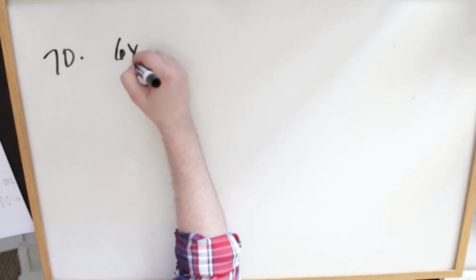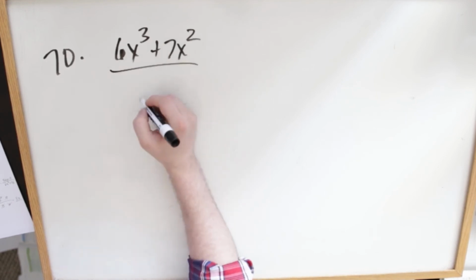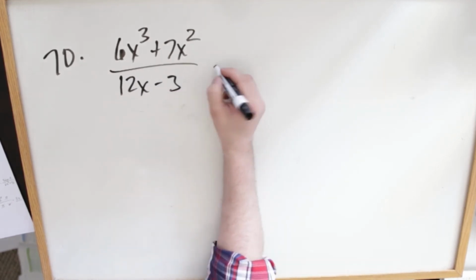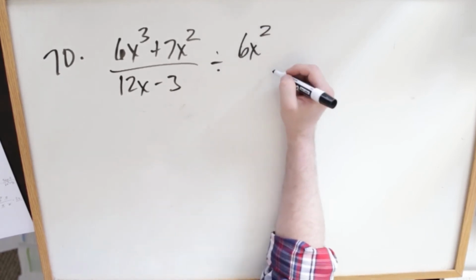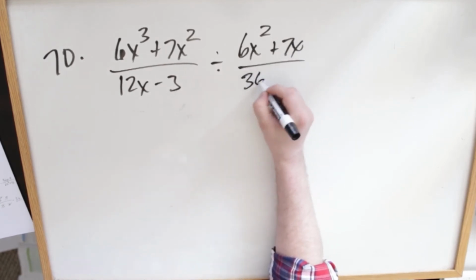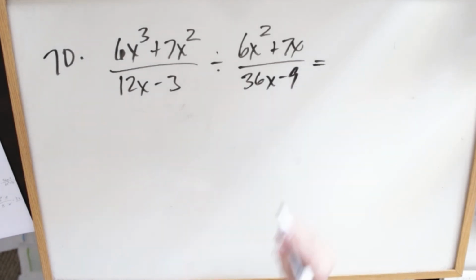6x cubed plus 7x squared all over 12x minus 3. Now we're doing the division. Divided by 6x squared plus 7x all over 36x minus 9. Wow, okay. So first I want to rewrite this.